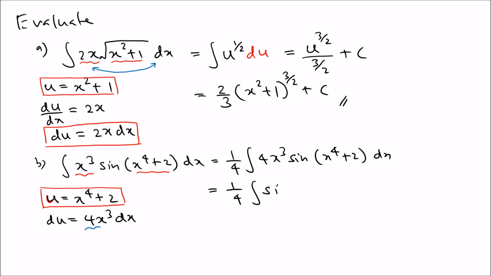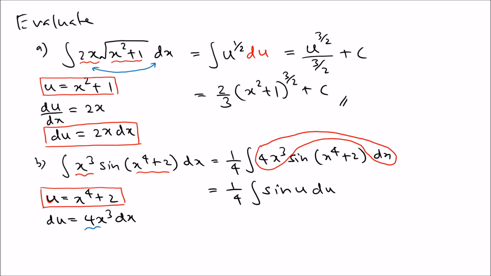This x to the 4th plus 2 is u, so it's sine u. And then you can see x cubed dx. This whole thing, 4x cubed dx, is simply equal to du.